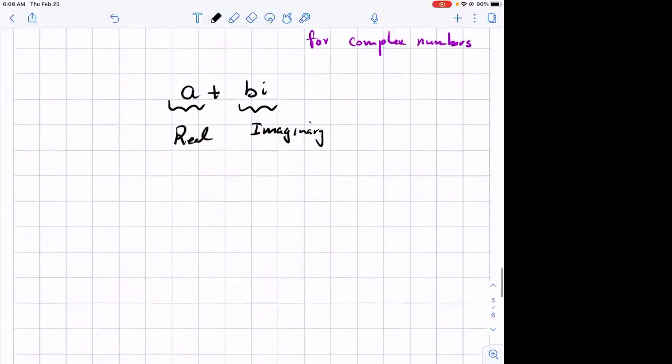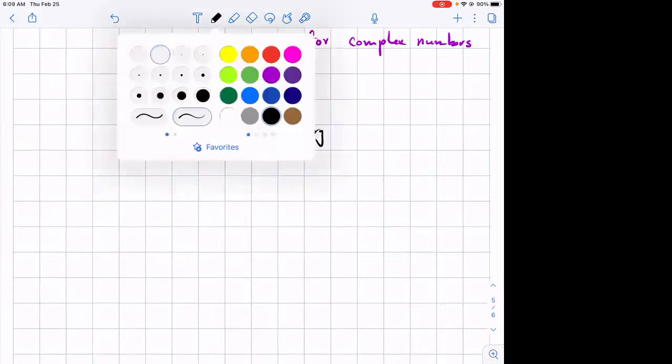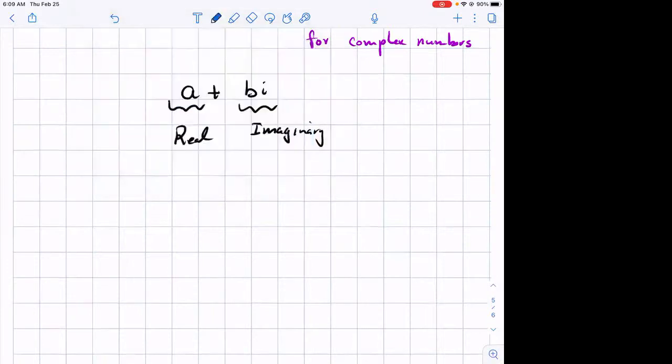Now you may often hear that every real number is a complex number, and that may sound weird to you. The reason we say that is because if we have 5, 5 is a real number.